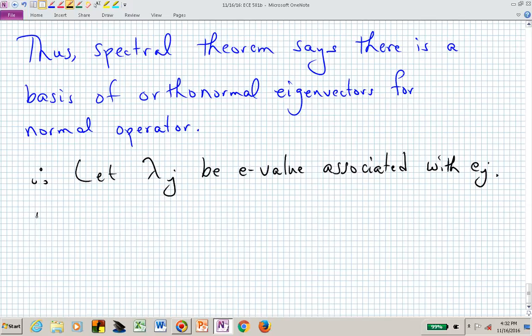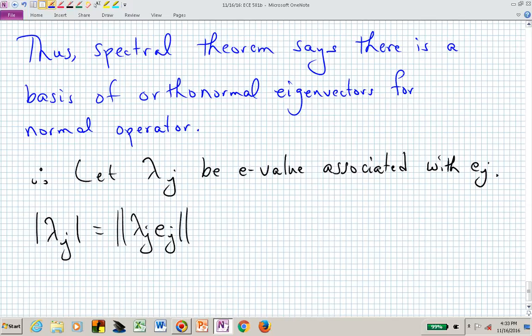If that's the case, then what's the absolute value of lambda sub j? That's just a number, a scalar, but if we look at scaling E sub j and taking the norm of lambda sub j E sub j, we haven't changed the value of that scalar, because what's the norm of E sub j?